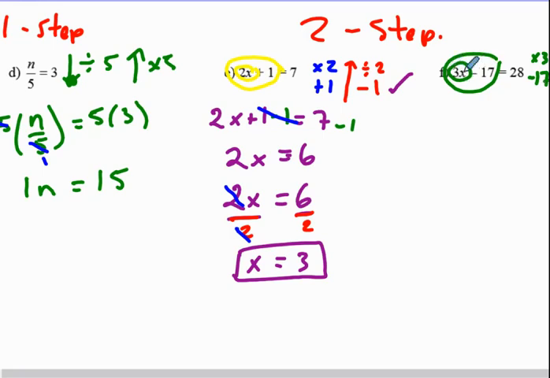It's like onions. Onions have layers. The closest layer you want to deal with first, then the furthest layer. We're ravelling up a problem, and then to unravel it, we start with the outside first. So if we start with the outside first, we're going to have to add 17 and then divide by 3.